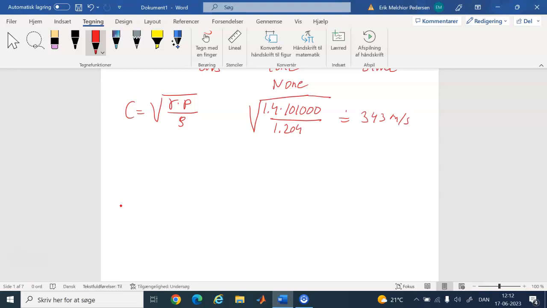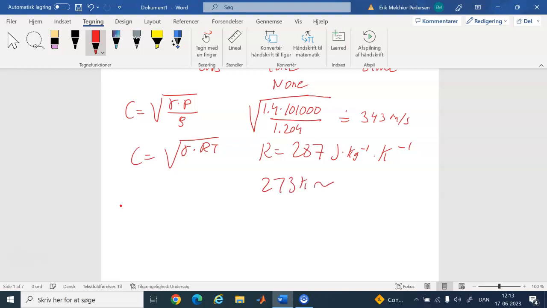You can also get another expression. It could also be written in fundamentals like this: the speed of sound is the square root of gamma R T, where gamma is the adiabatic constant, R is the gas constant for air, in joules per kilogram per Kelvin.